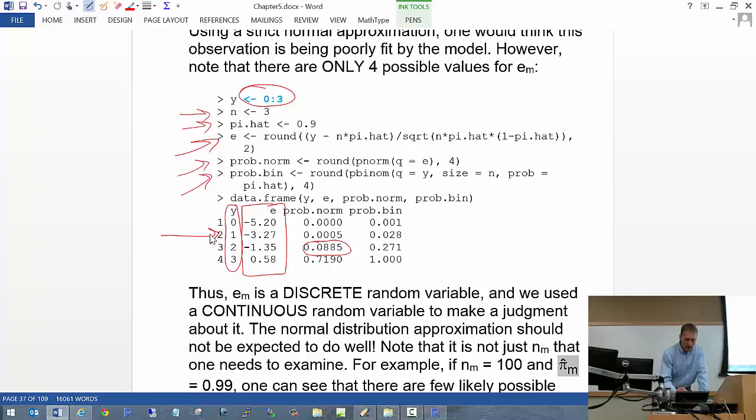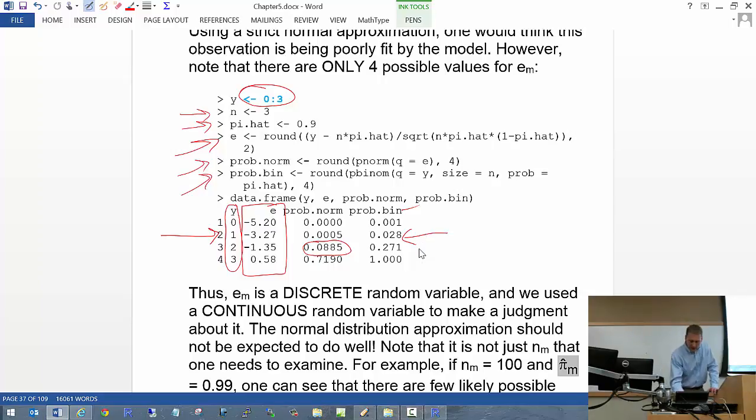Now let's take a look at the binomial distribution. For that same case, when y is 1, my probability is 0.028, the probability of being less than or equal to 1, or equivalently negative 3.27 on the Z scale. So now, while it's a little unusual, it's not necessarily as unusual as we were having before.